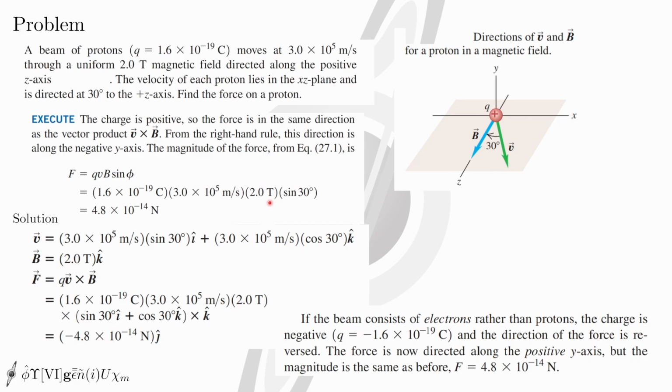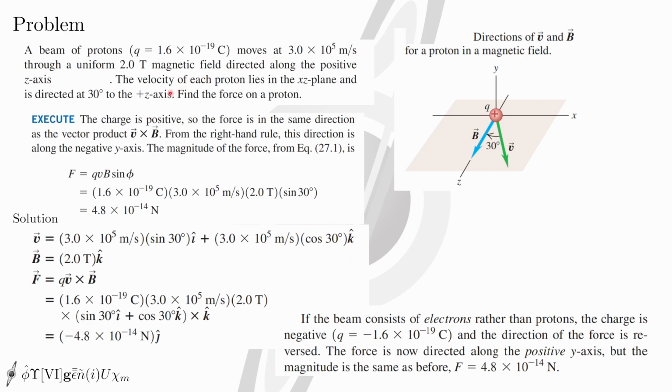So for us to know the direction, we need to use the entire form of the magnetic force due to the magnetic field, which is qv cross B. Our velocity vector is now in this form: 3.0 times 10 raised to 5 meters per second sine 30 degrees i hat plus 3.0 times 10 raised to 5 meters per second times cosine 30 degrees k hat.